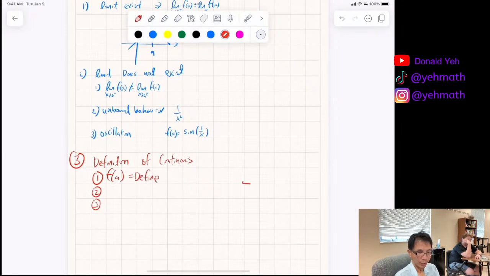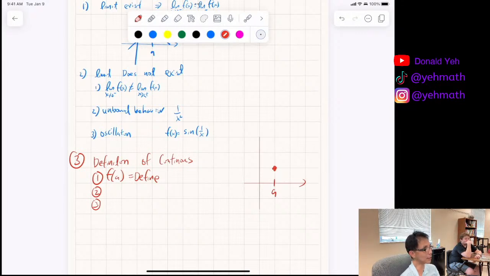Okay, I'm going to draw it out. f of a has to be defined. So f of a is defined in this case. This is a, this is defined, but is that continuous? No. Let's do one more. Now remember, it's on your test.